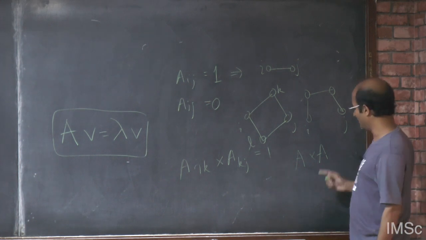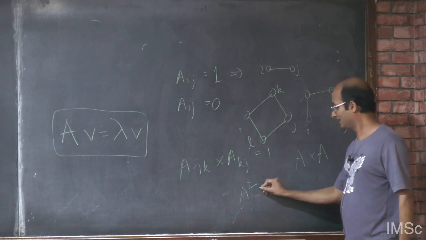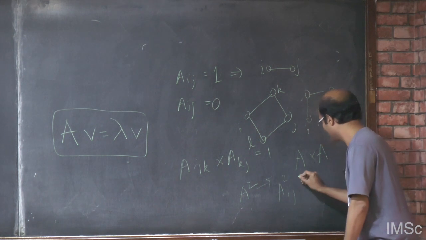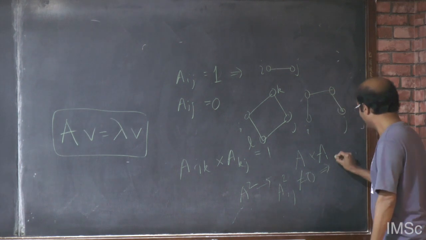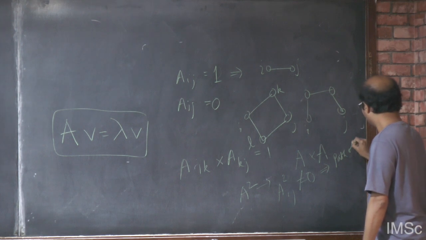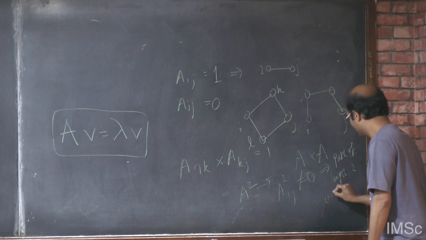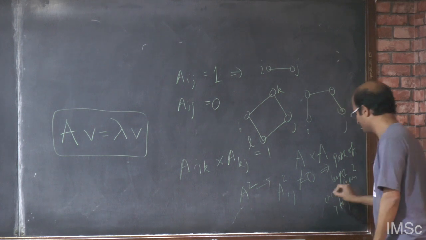So essentially when you do this operation, this will tell you that if it is non-zero, then a path of length 2 exists from i to j.